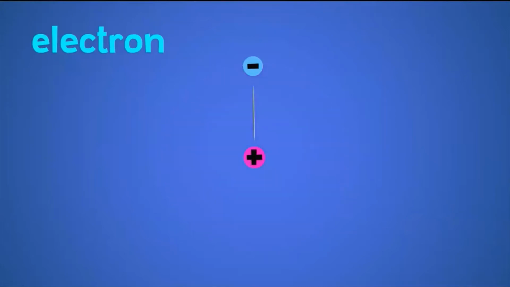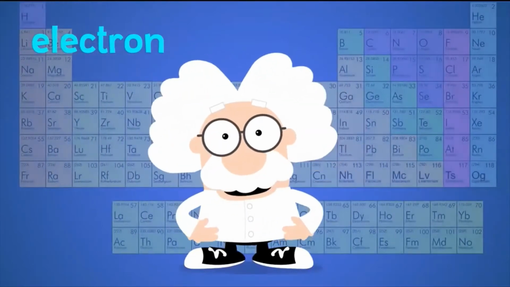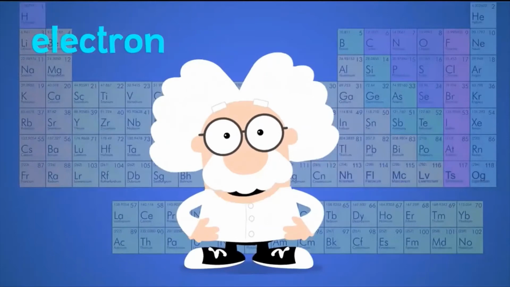This pull between the positive protons and the negative electrons is called the electric force, and it's always there. So whenever a free electron gets close enough to a lonely proton, zap, they'll become part of the same atom. That's why all the elements have the same number of electrons and protons.